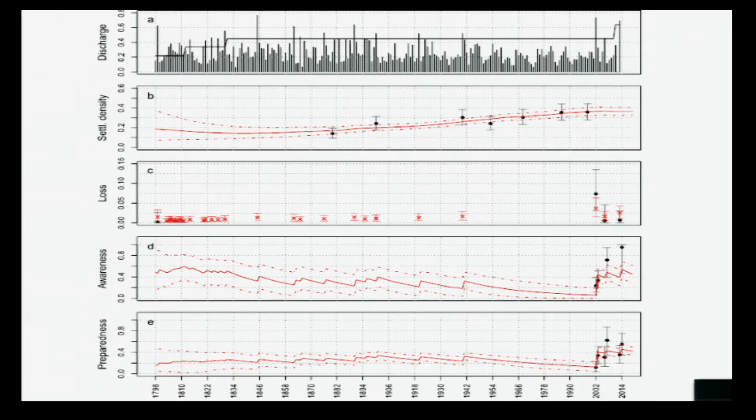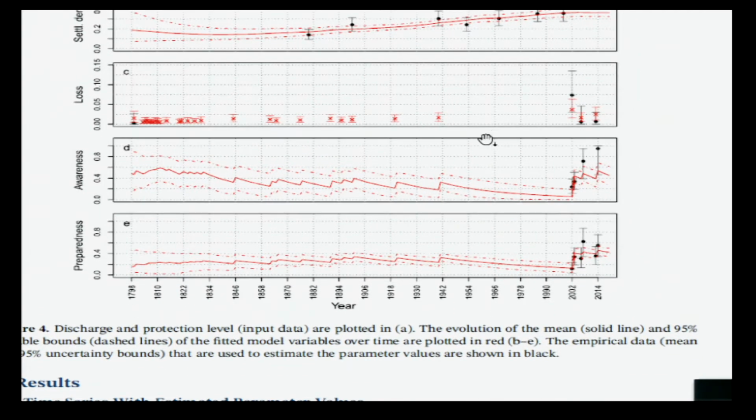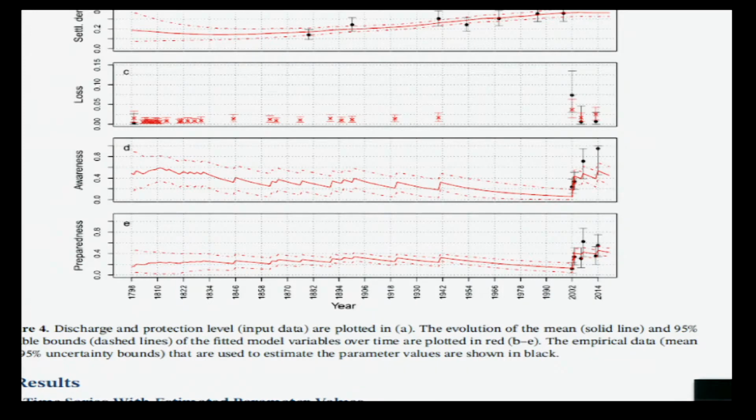And then awareness, this is the second from bottom panel. We only have data in the past 20 years because our colleagues from Germany made surveys. They sent out questionnaires to the people in Dresden and asked them, are you aware that there's a flood risk? And they did this a couple of times over a period of 20 years. And these are the black bars.